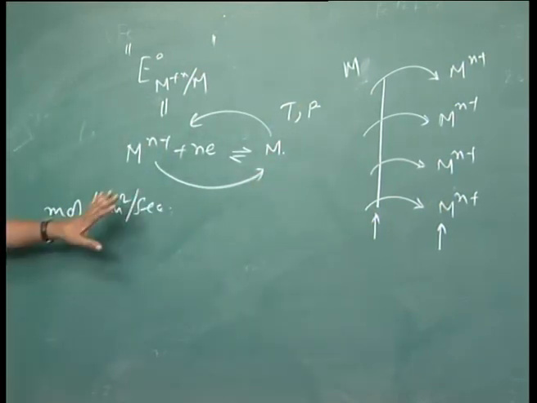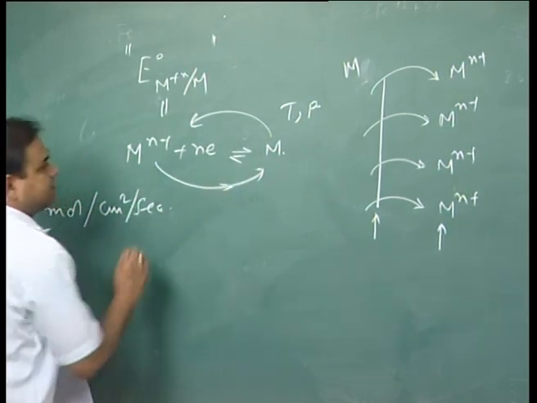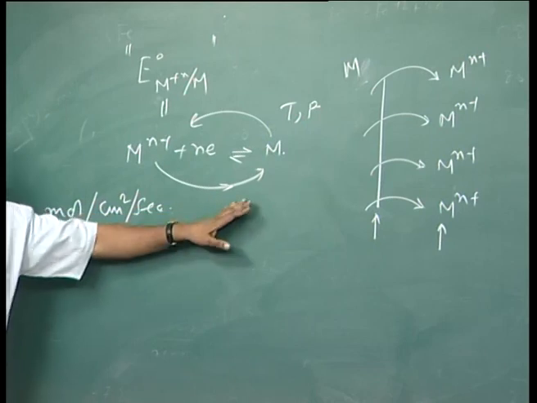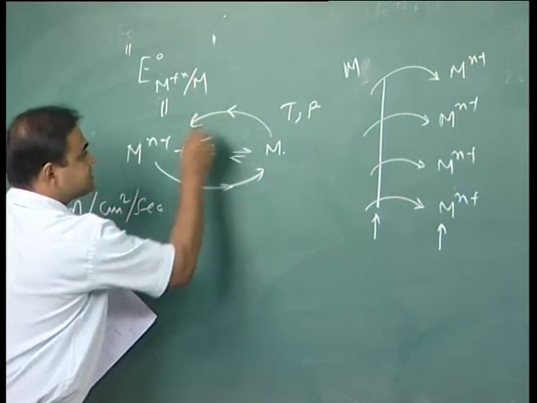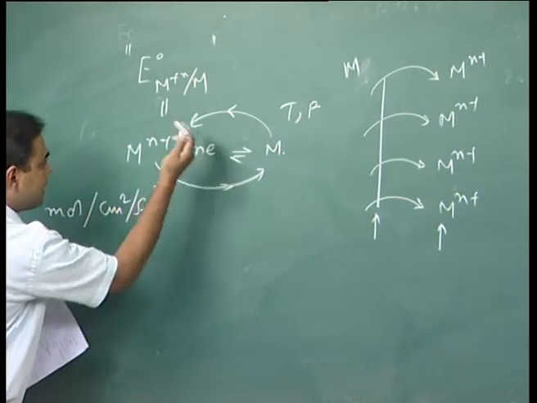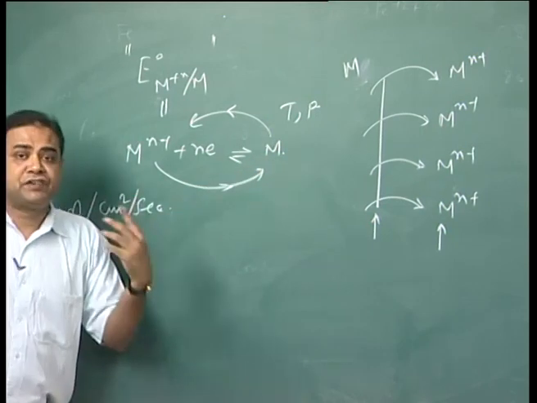Now, let us say I am considering only this part. This part means a sort of deposition, metal ion is depositing on the metal surface again. Now, if you consider this section, then metal is coming out and forming metal ion. Now, we know the corrosion rate expression.